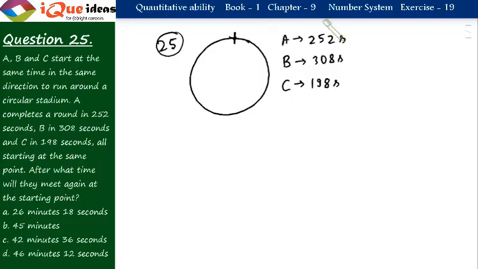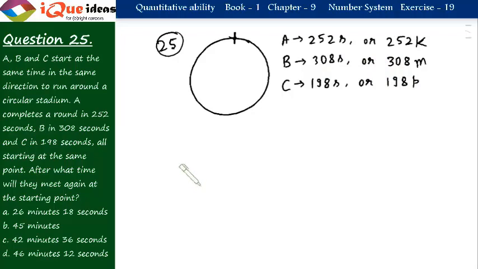Now, A will be at the starting point at any multiple of 252, so 252 seconds or any multiple of 252 seconds. Similarly, B will be at the starting point after 308 seconds or any multiple of 308 seconds. Similarly, C would be at the starting point after 198 seconds or any multiple of 198.